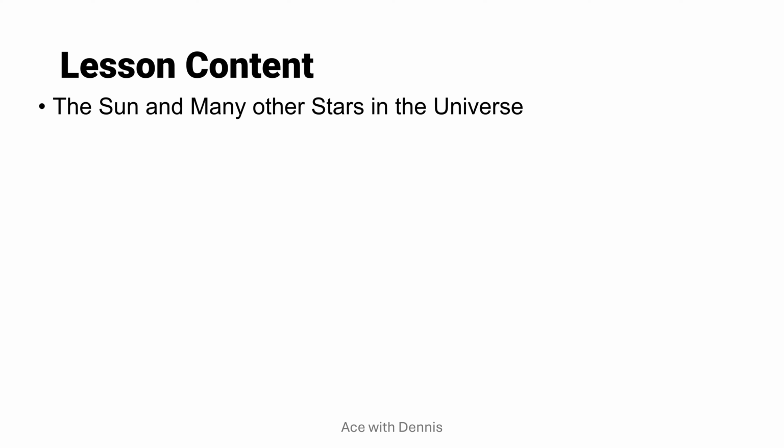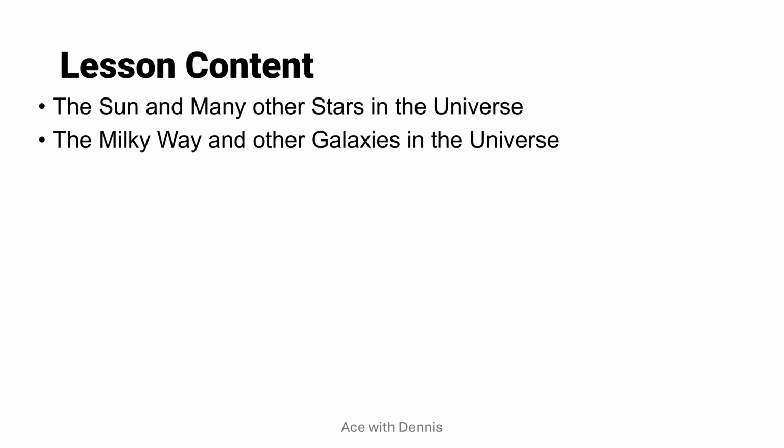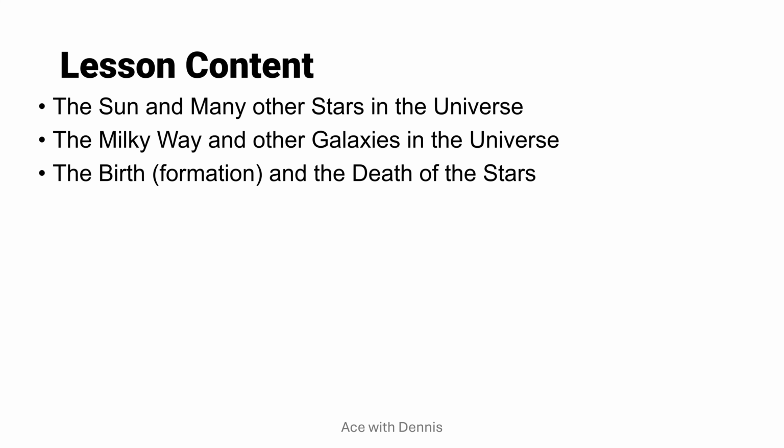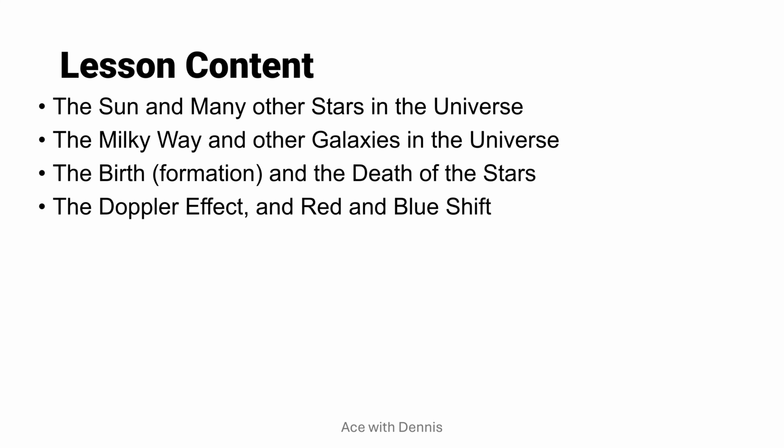In this lesson, we are going to learn the Sun, which is the closest star to us, and many other stars in the universe, followed by the Milky Way, which is the galaxy that we are staying in, and many other galaxies in the universe. We also will learn the birth or the formation and the death of the stars.